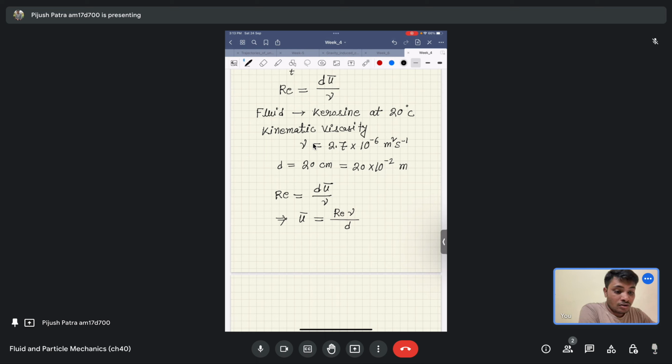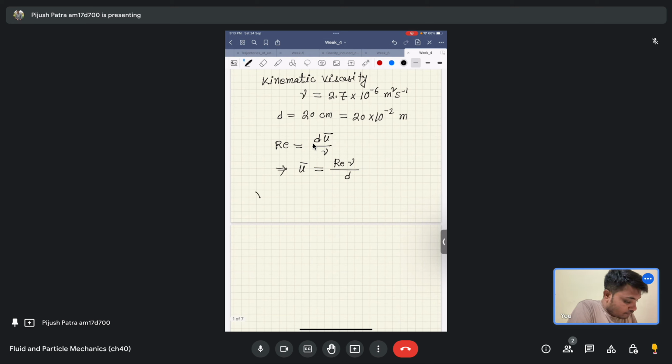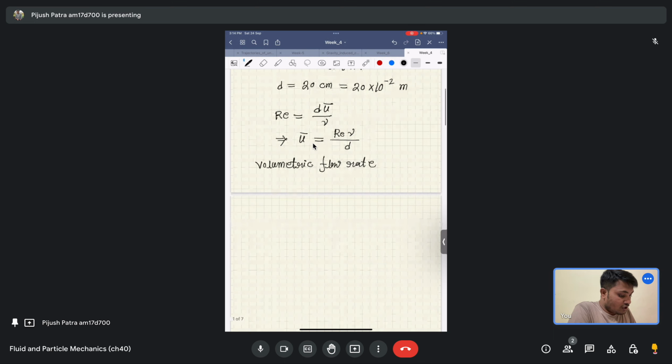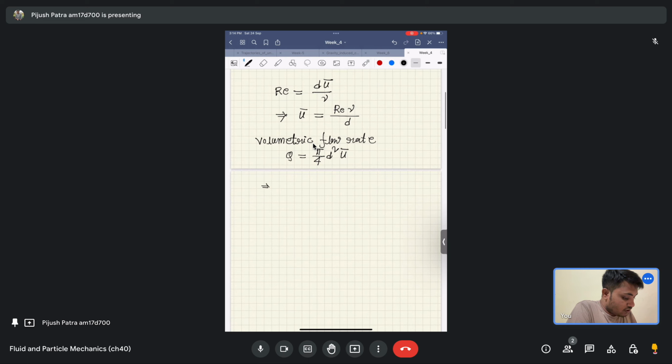Okay, so the volumetric flow rate Q is equal to the cross sectional area, pi by 4 d square, into u bar. Am I right? So then I have to just calculate it.